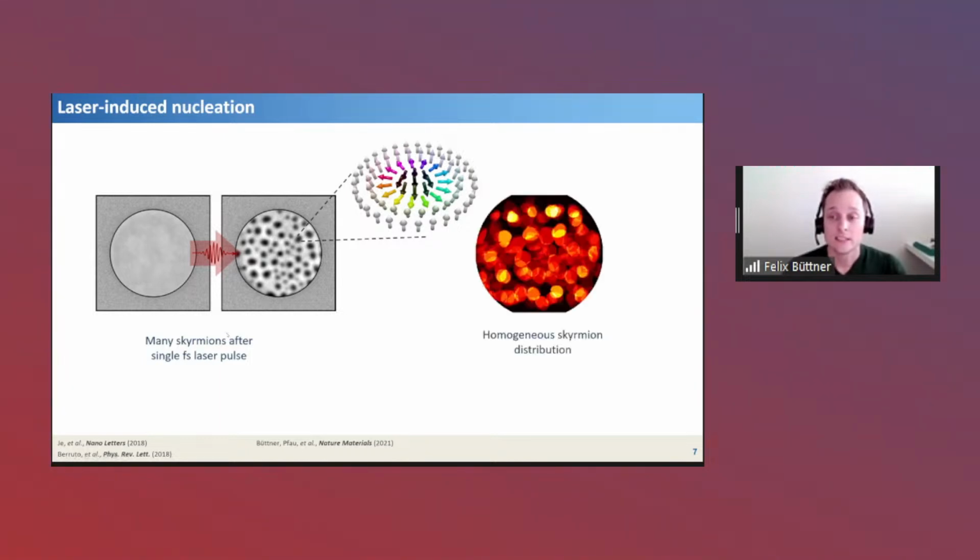And if we repeat the experiment over and over again and overlay all of these images, we see an image like this one, where we identify that more or less the distribution of these resulting textures is random. The remaining variation that we see here is just shot noise. So this is a homogeneous process. It does not require defects.